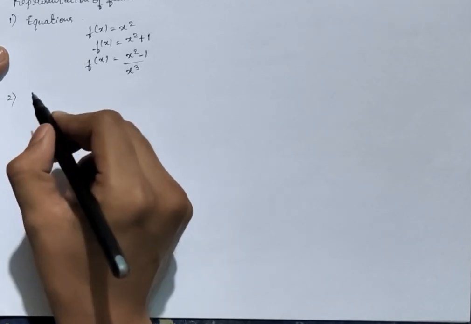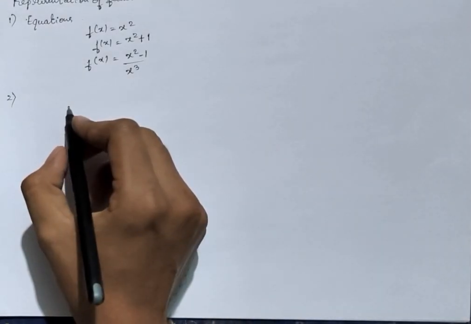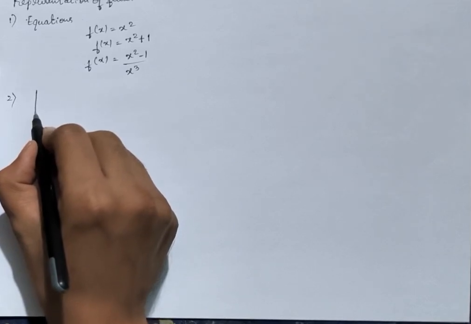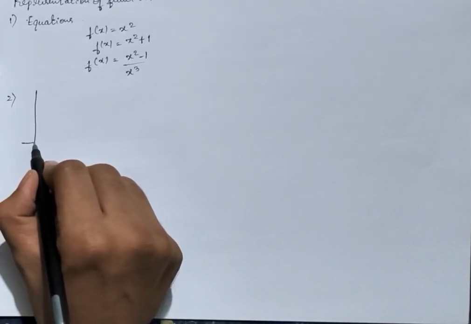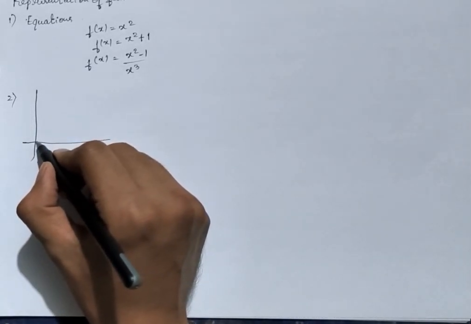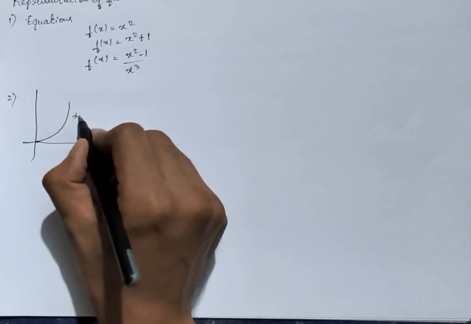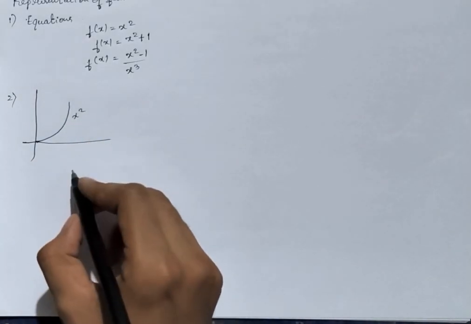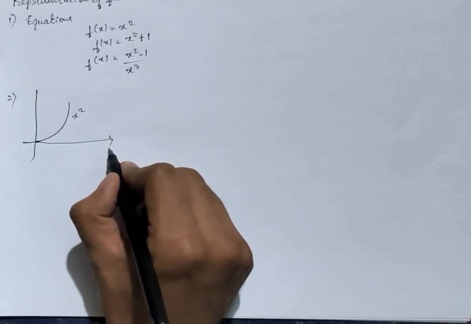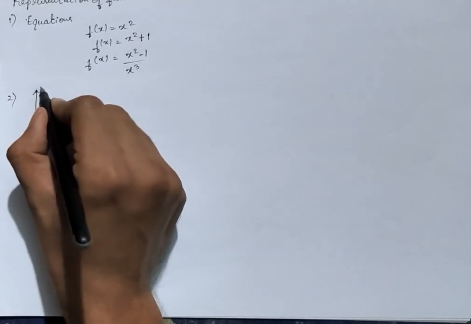Second one, graphically. We represent a function like this, like consider this function x square, and this is y.